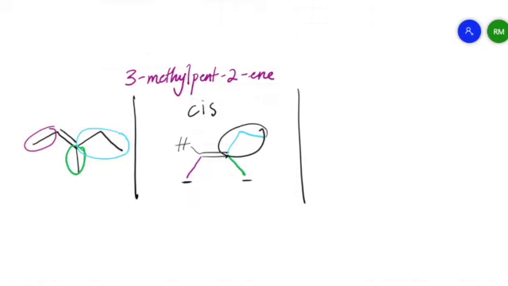So again, draw in the double bond first to make it easier. Now for the trans one, we'll actually shift this methyl group over here up instead. And we'll keep this one down there. And we'll keep this group up here as before.